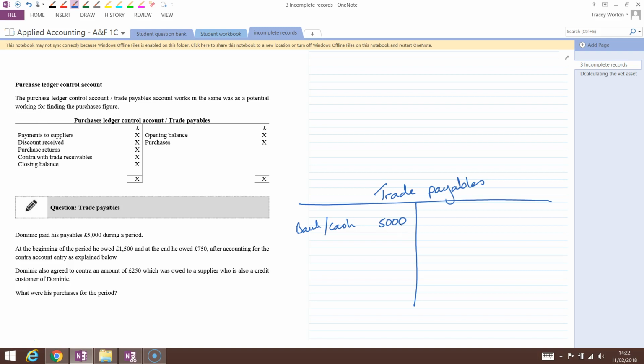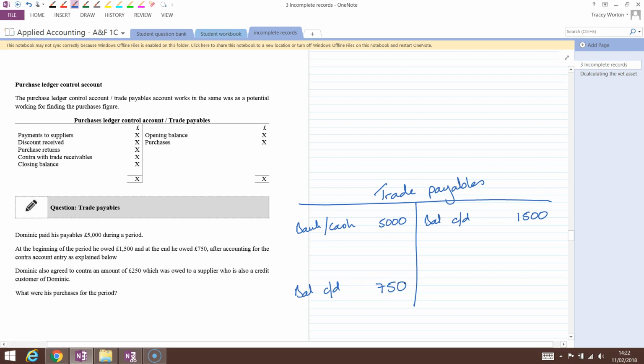We know that at the beginning of the year he owed £1,500, so we have a balance brought down on the credit side as a liability of £1,500. And we know that at the end of the period he had a balance to carry down to next period of £750.